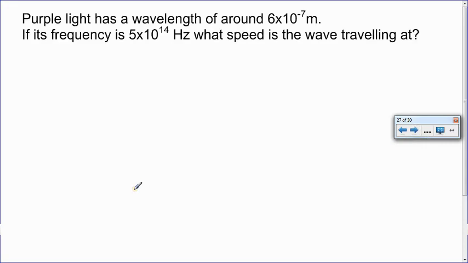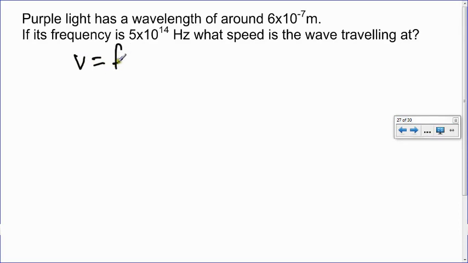Oh, purple light. So this time they're asking me to calculate the speed. Well, we've just been saying on the last slides that we've memorised the number for speed already. So you could just write the number down if you know 3 times 10 to the power of 8. But if this question was worth 3 marks in an exam, I suppose you'd want to show off your skills a little bit and show that you've earned those 3 marks. So start at the beginning, we write down the wave equation again.